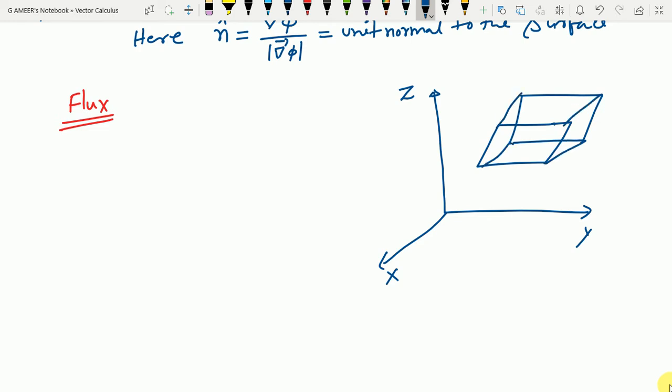Maybe some parallelogram. This is the closed surface. Then let's say there is some vector field F. Now I want to calculate how this vector field is associated with this closed surface.